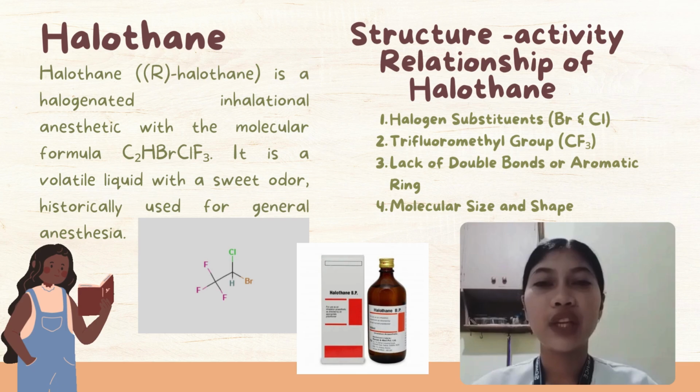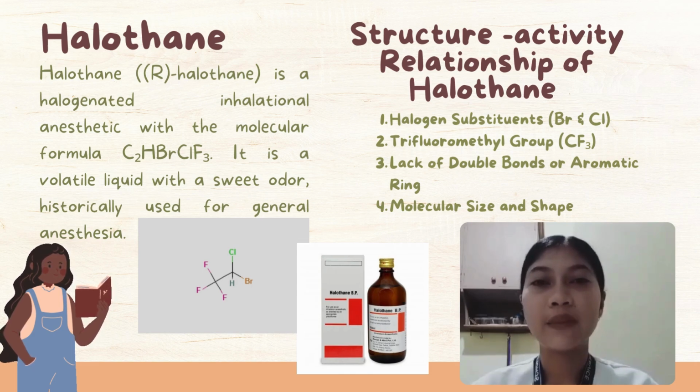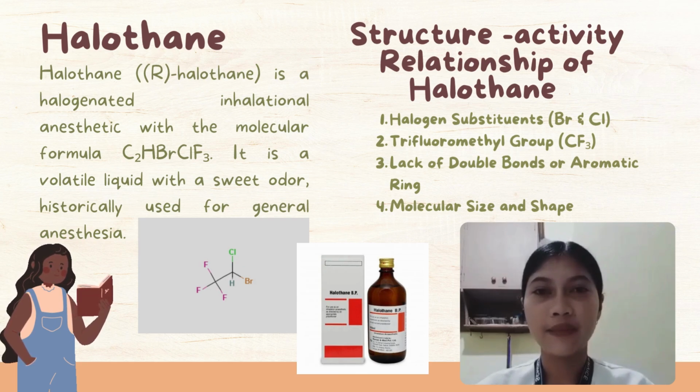The size and shape of halothane allow efficient passage through the blood-brain barrier, or the BBB, a critical feature for inhalational anesthetics. In conclusion, halothane's anesthetic properties are largely influenced by its halogenated structure, which enhances its potency, lipophilicity, and metabolic stability. However, due to safety concerns, its clinical use has significantly declined.